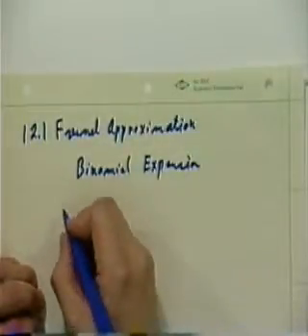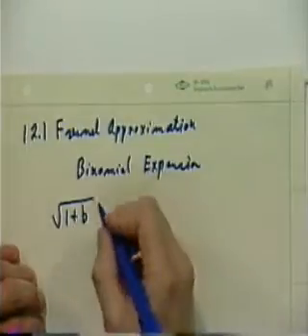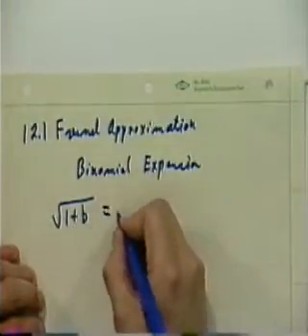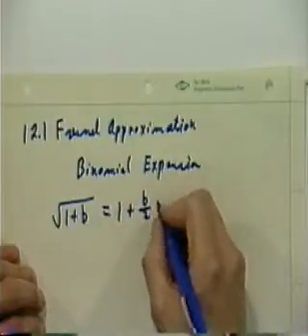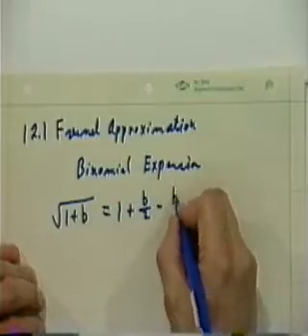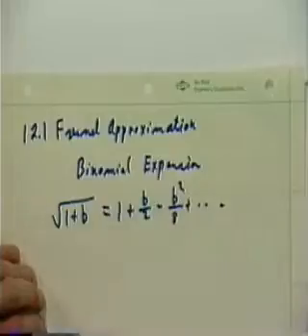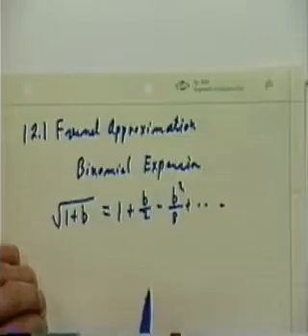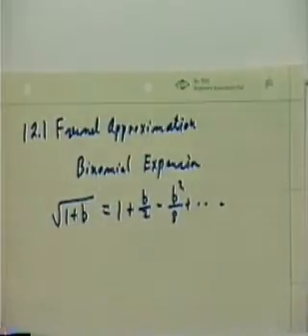And so if we take the square root of 1 plus b, we know that that is 1 plus b over 2. And then the next term turns out to be minus b squared over 8. And there are other terms that you've all seen, but we're not going to worry about them. And so somehow I want to use this binomial expansion here.